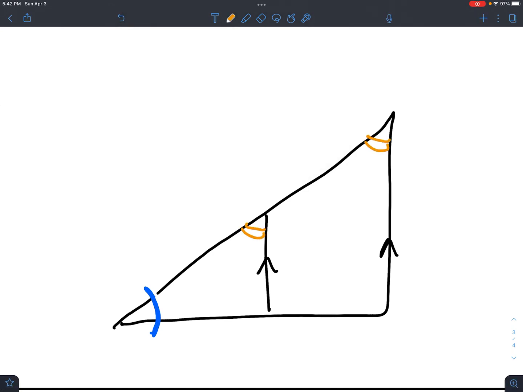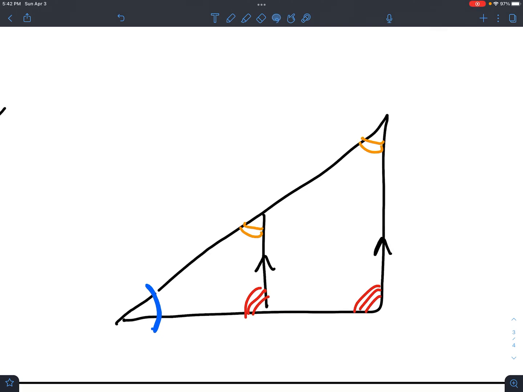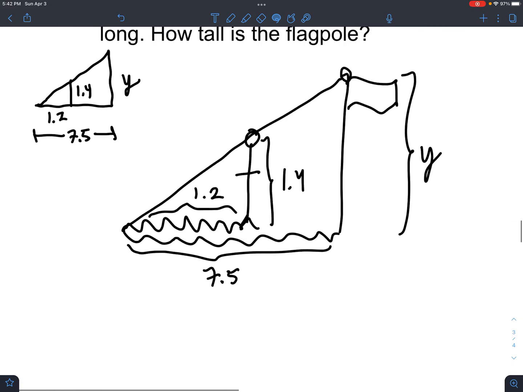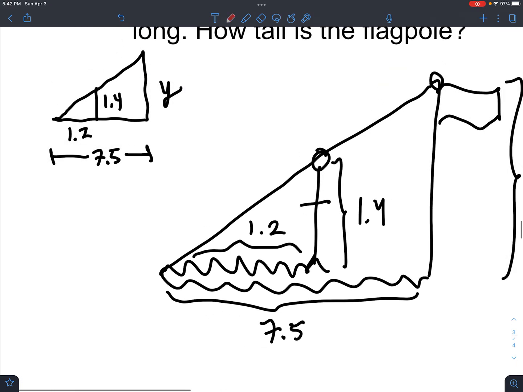So these correspond, and so do these. So you got two triangles, and you have more than enough for angle-angle similarity. So we know these triangles are similar, which is an important part of the discussion.